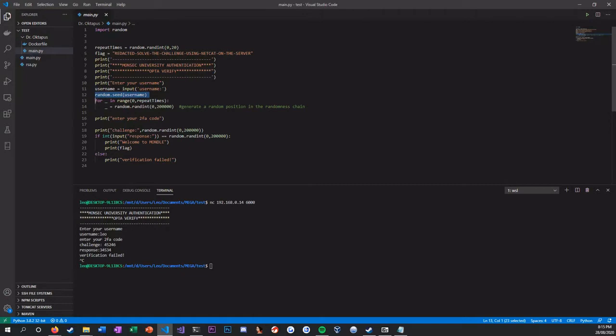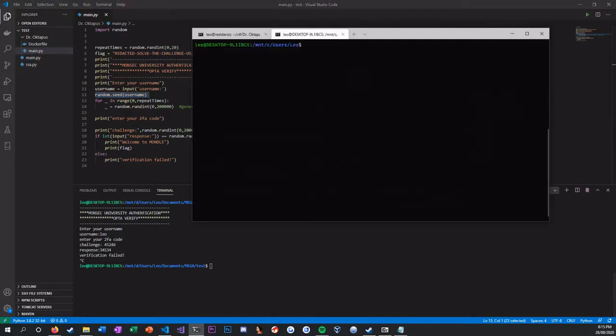Now, in case you're not aware, what it means to seed random is to essentially set a starting point or a starting set of conditions for a random number generator. Now, just for reference, let's say we import random in the same way that this challenge has.